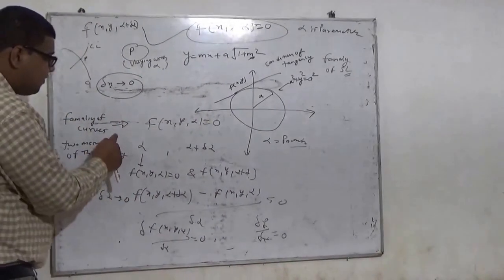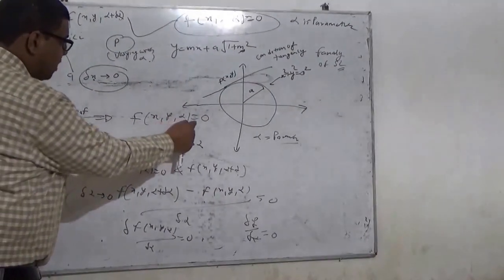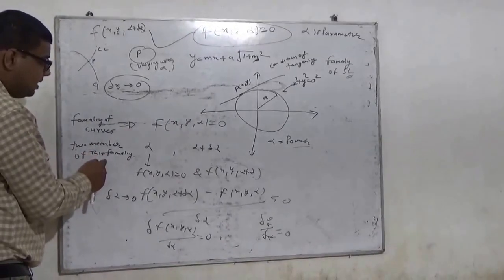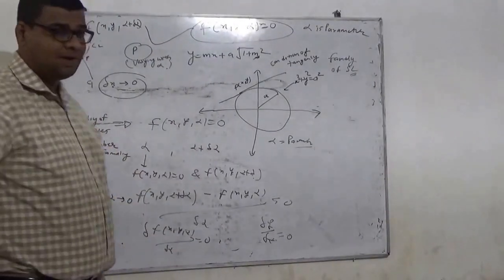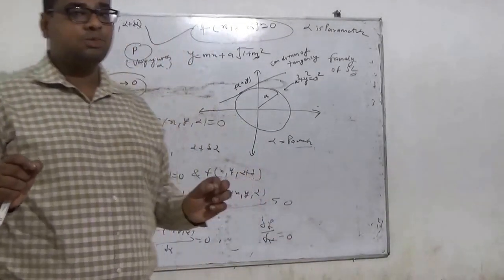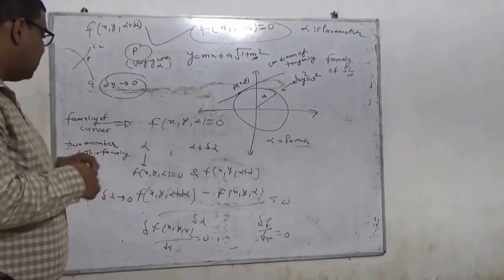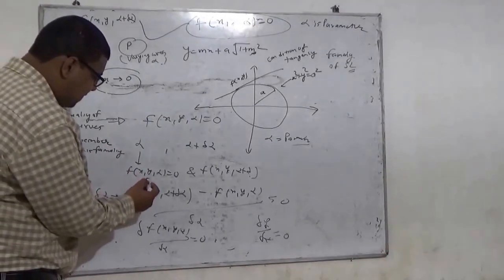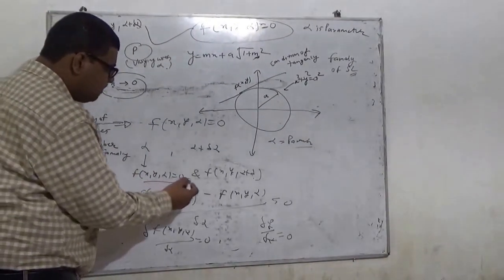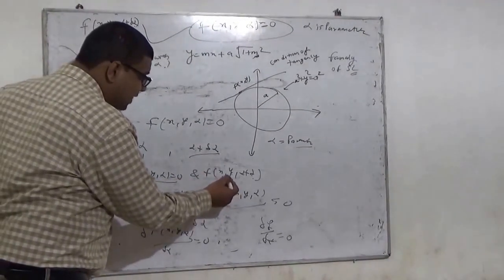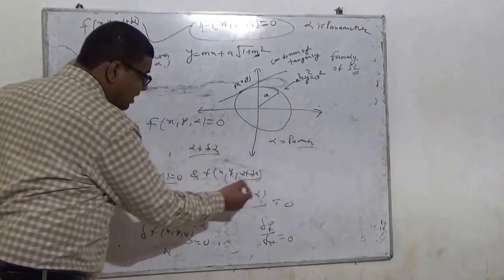So I can write the equations corresponding to the two members: for alpha, f(x, y, alpha) equal to 0, and for alpha plus del alpha, f(x, y, alpha plus del alpha).